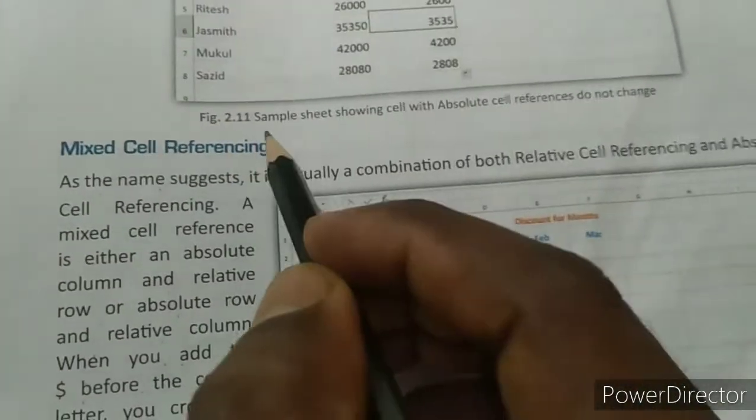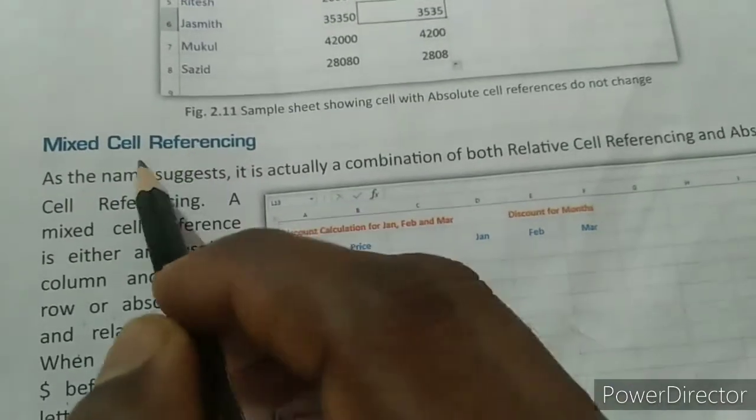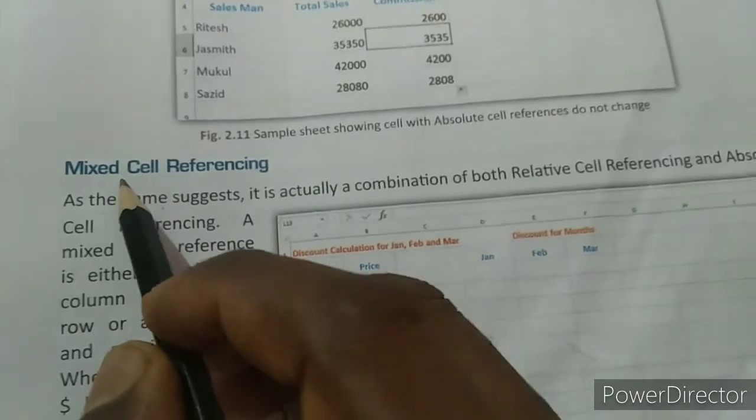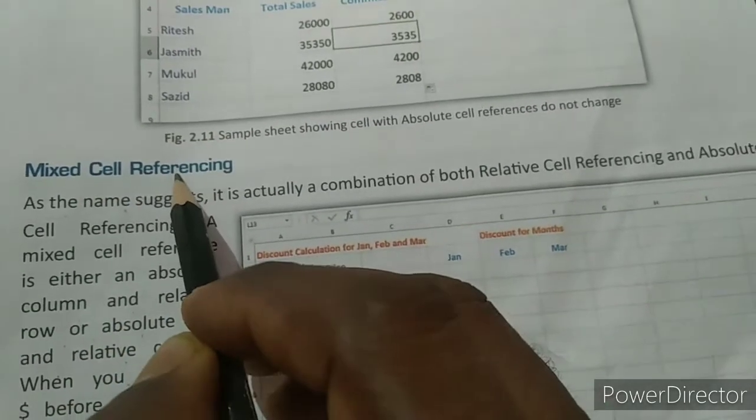The third one is mixed cell referencing. It is clear that in this type of cell referencing, we use both types of cell referencing. Both the properties of relative and absolute cell referencing are found here.